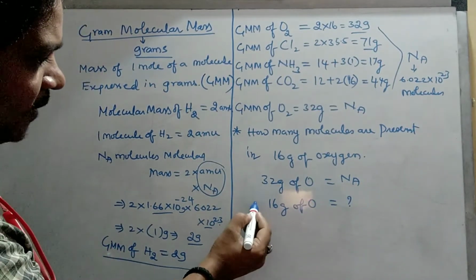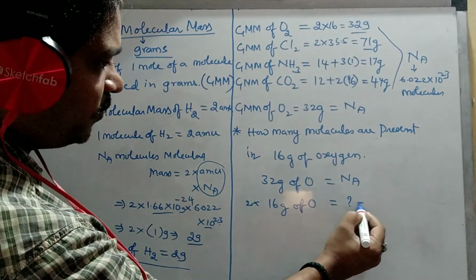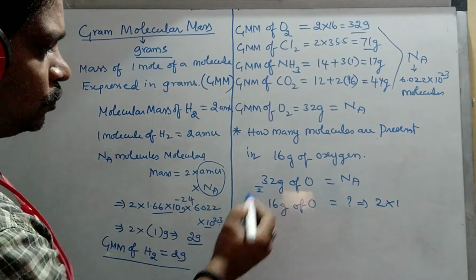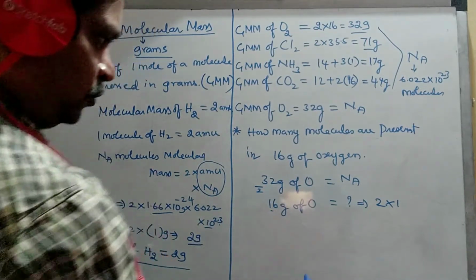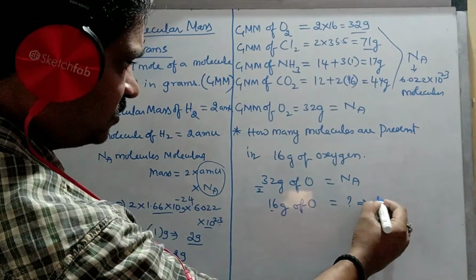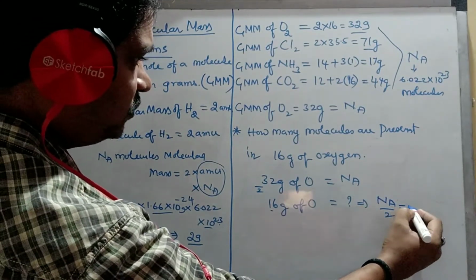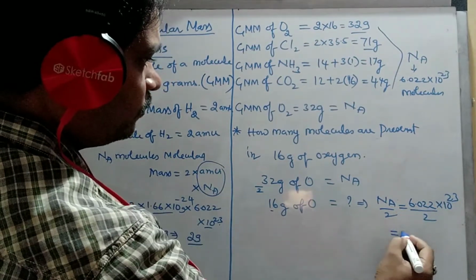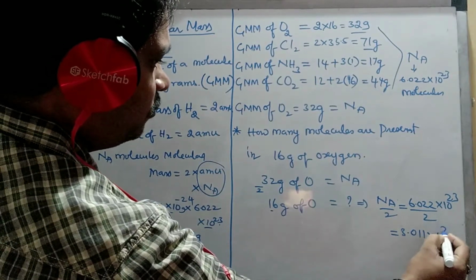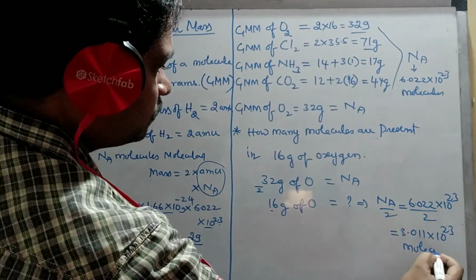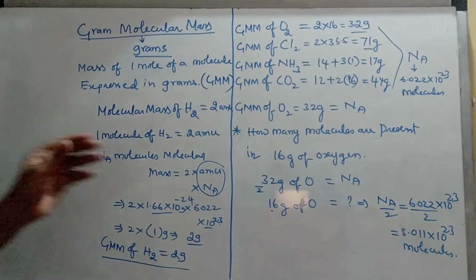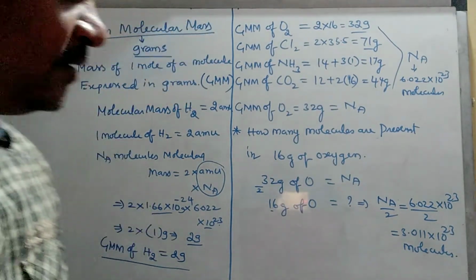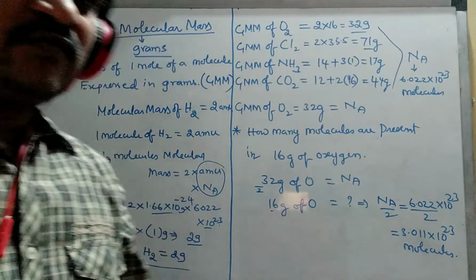If you divide 32 by 2, we get 16. So Na is also divided by 2, meaning 6.022 into 10 power 23 by 2. We get 3.011 into 10 to the power of 23 molecules. 32 grams is Avogadro number, and 16 grams is half of the Avogadro number.